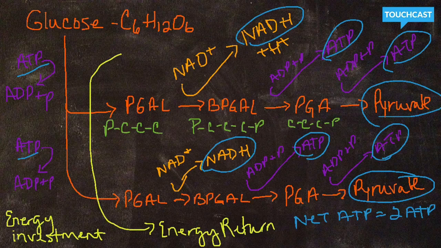So in the next video, I will talk about the prep step, and then we will move on into the Krebs cycle. And then in the last video of this series, we will talk about the electron transport chain.